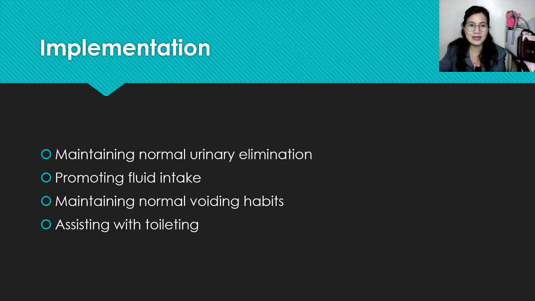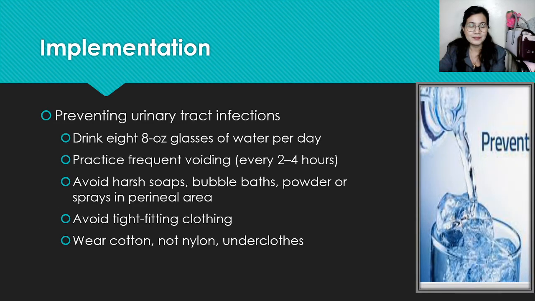For the implementation, maintain a normal urinary elimination of the client, promote fluid intake, maintain normal voiding habits, and if necessary, assist the client with toileting. And in order to prevent urinary tract infection, encourage the client to drink 8 glasses of 8 ounces of water per day.